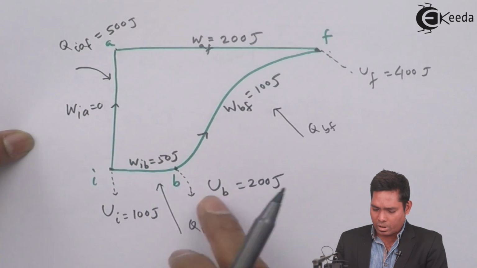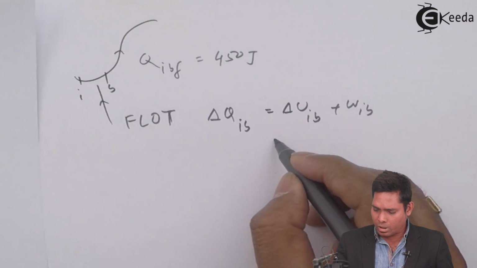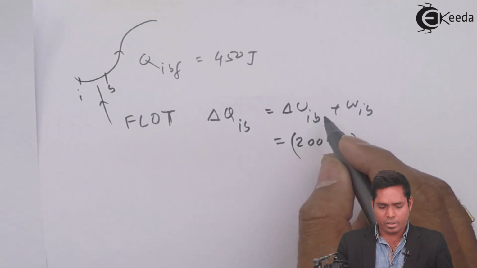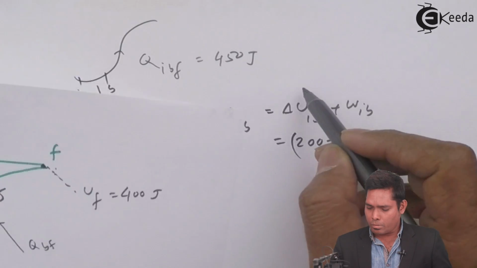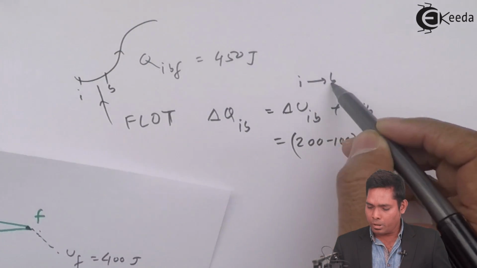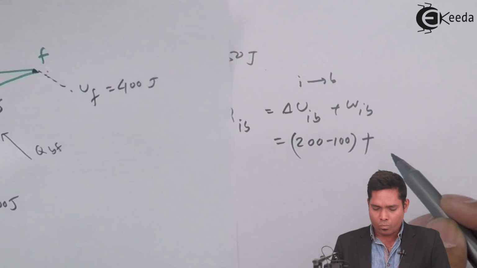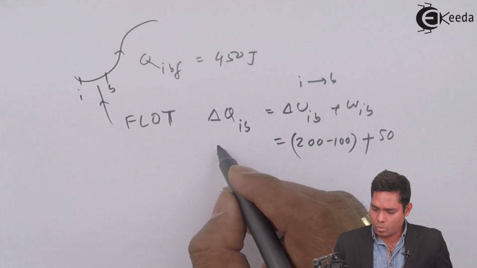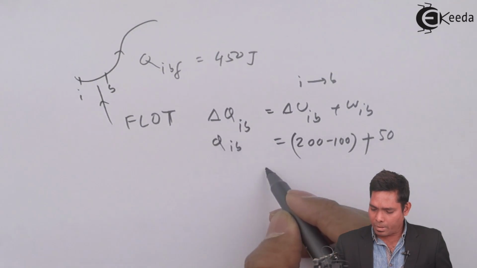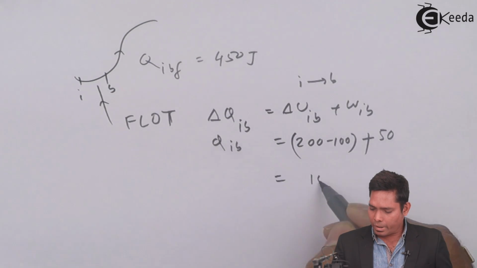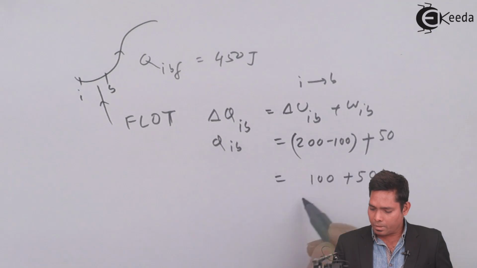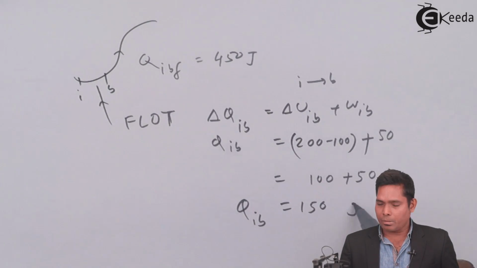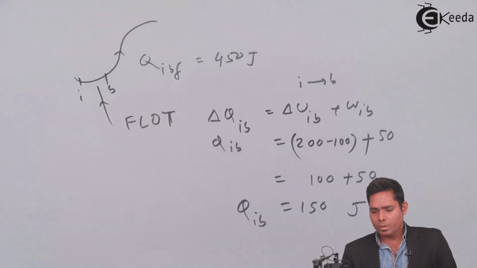So the change is 200 minus 100, which is 100, plus the work done during this process, which is 50. So Q IB comes out to be 100 plus 50, that is 150. So Q IB is 150 joule.